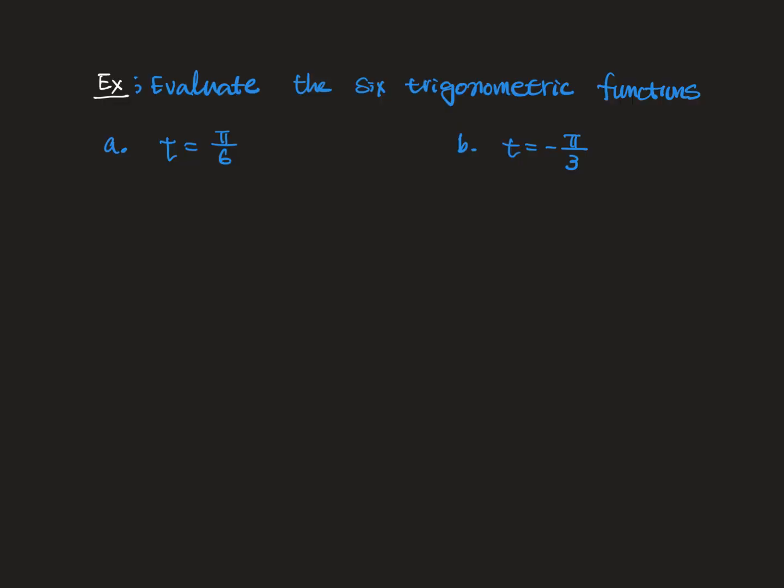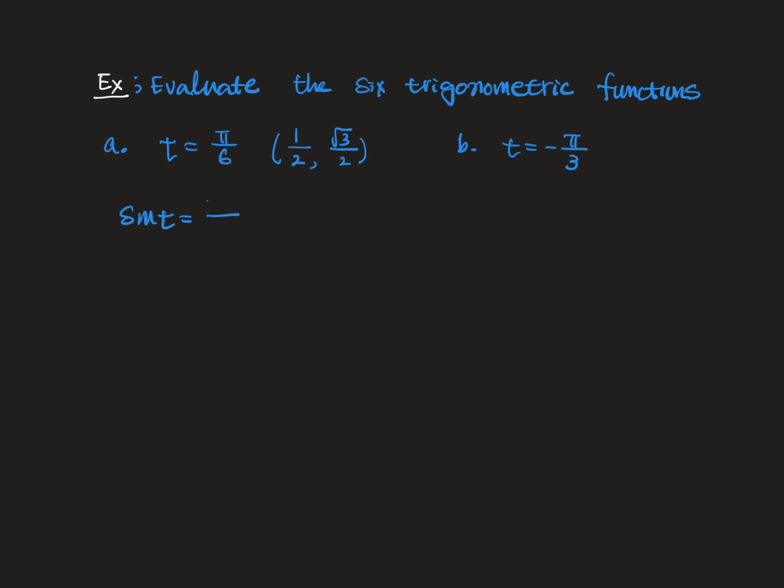Let's evaluate the trigonometric function, guys. t equals pi over 6. You know that's on the unit circle chart. The coordinate is going to be x is 1/2, y is square root 3 over 2. What is sine t going to be?